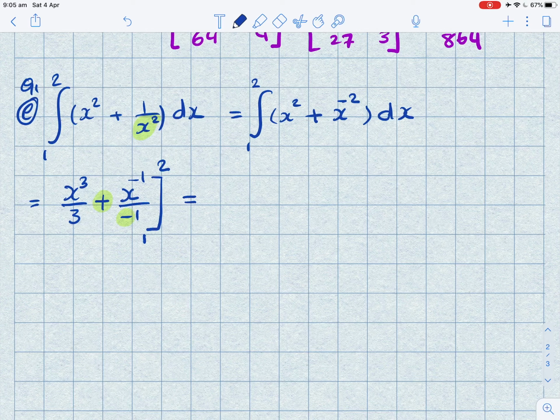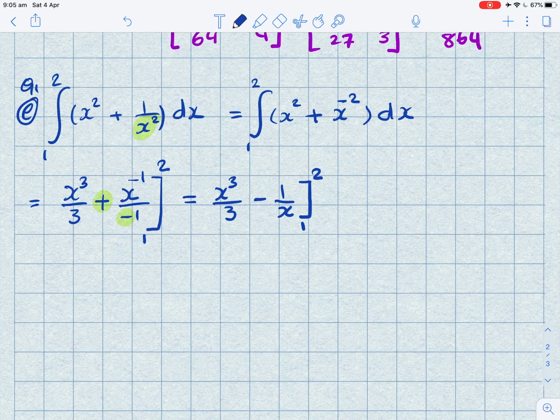So this is going to be x to the power 3 over 3, because we have this minus and plus in green, that means it's minus. And x to the power minus 1, as I said earlier in the other question, means 1 over x. So it's minus 1 over x, and the limits from 1 to 2.